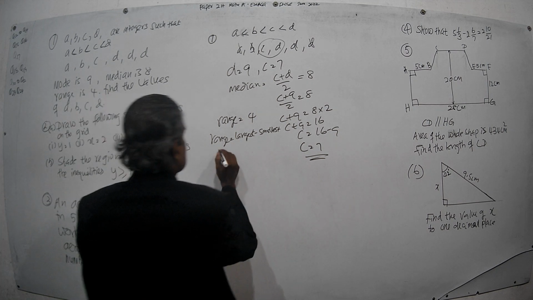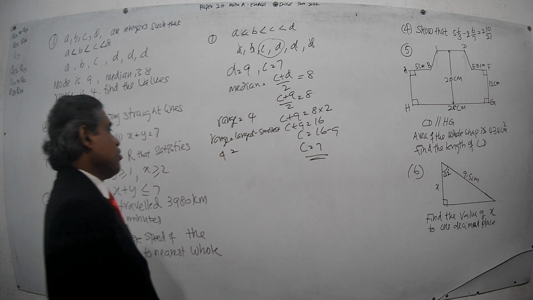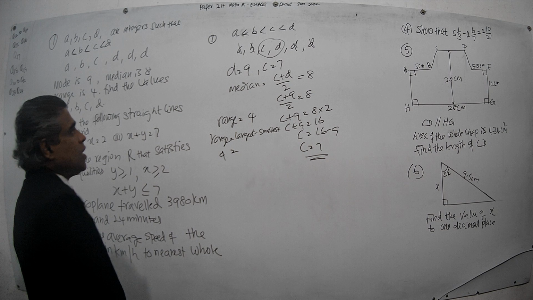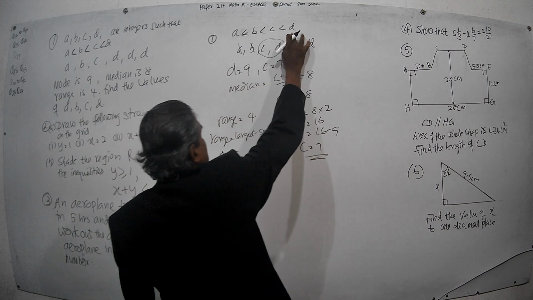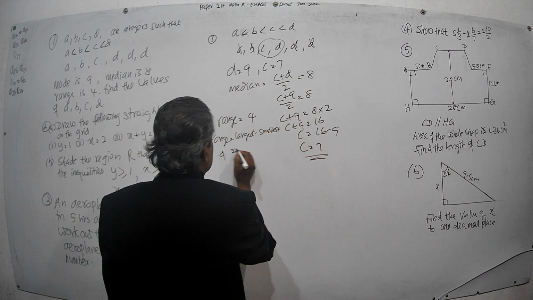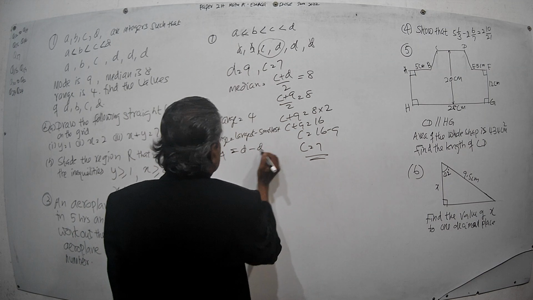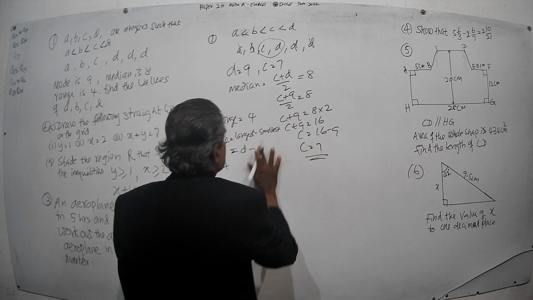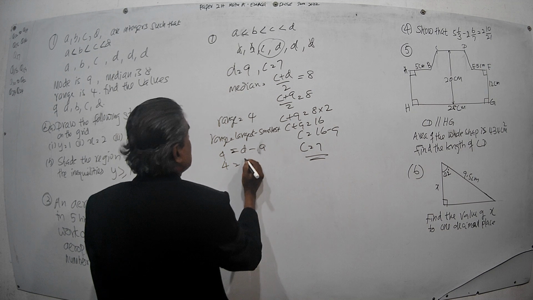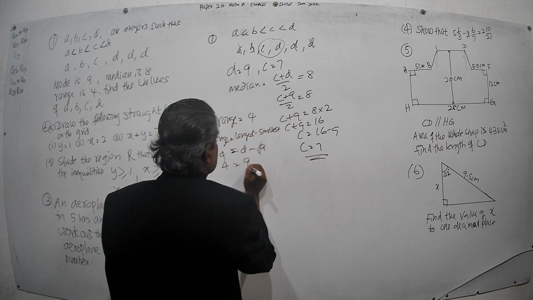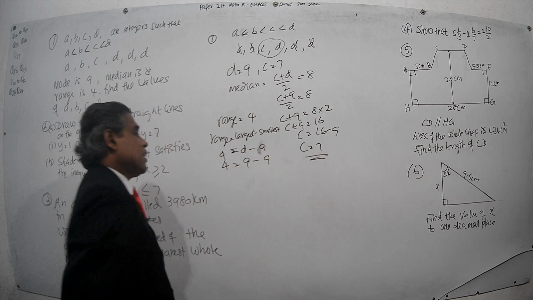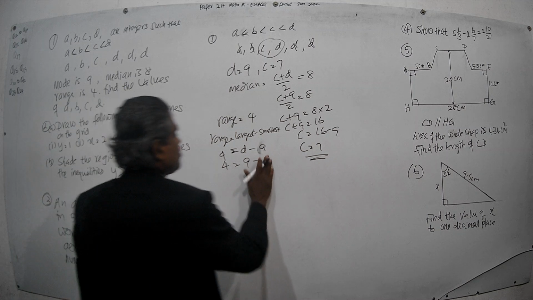The largest value is D, the smallest value is A. Substituting 4 for the range, 4 equals D minus A. We have already found D is 9, so 4 equals 9 minus A.